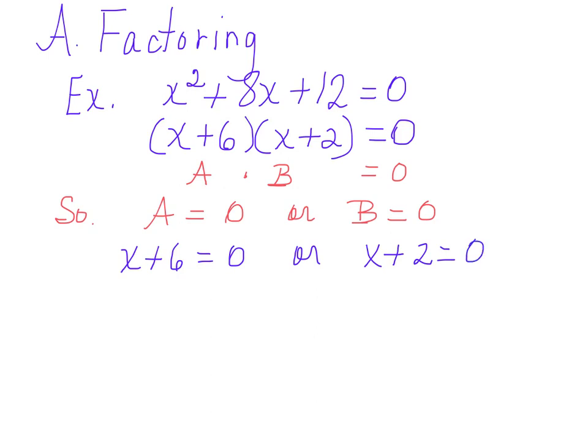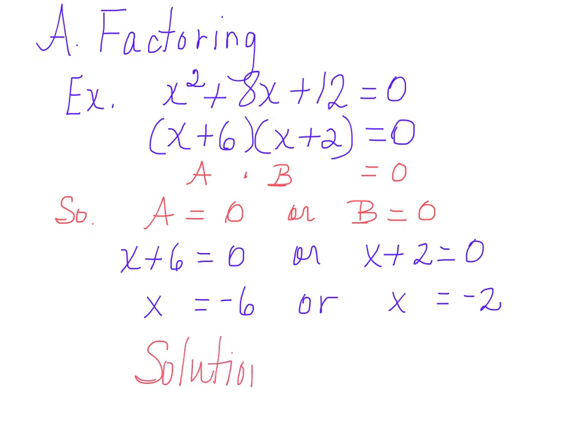And we solve for x in both equations, and we get x is equal to negative 6 or x is equal to negative 2. So our solution here will be negative 6 and negative 2.